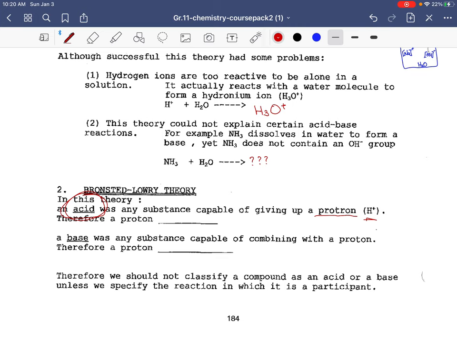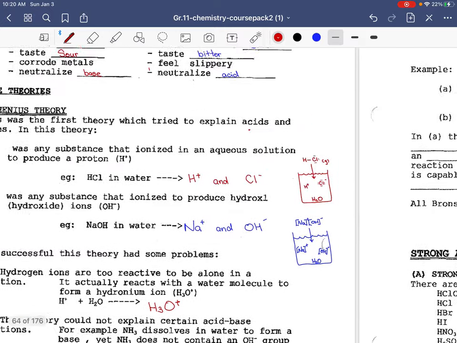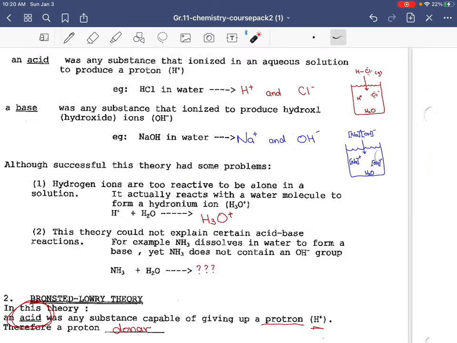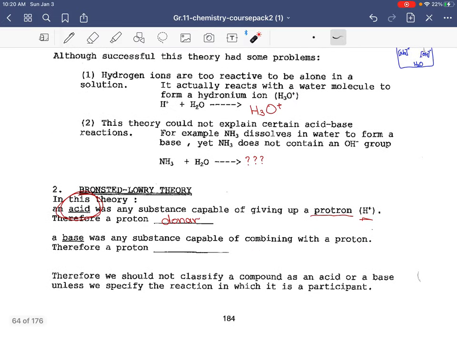So, all acids are considered proton donors, because that's exactly what an acid does when it is immersed in water. It donates H's, like we saw right here. When HCl is dropped in water, it makes H+. It donates H+. That's why it's called a proton donor.